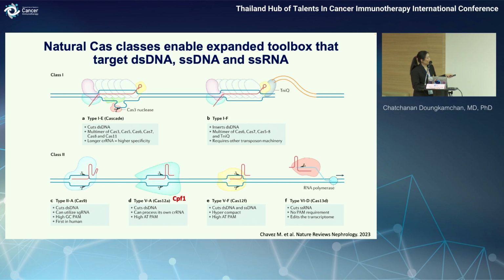The difference between these two is that the first class has multiple proteins together to become the endonuclease, while class 2 only needs one protein as the endonuclease.